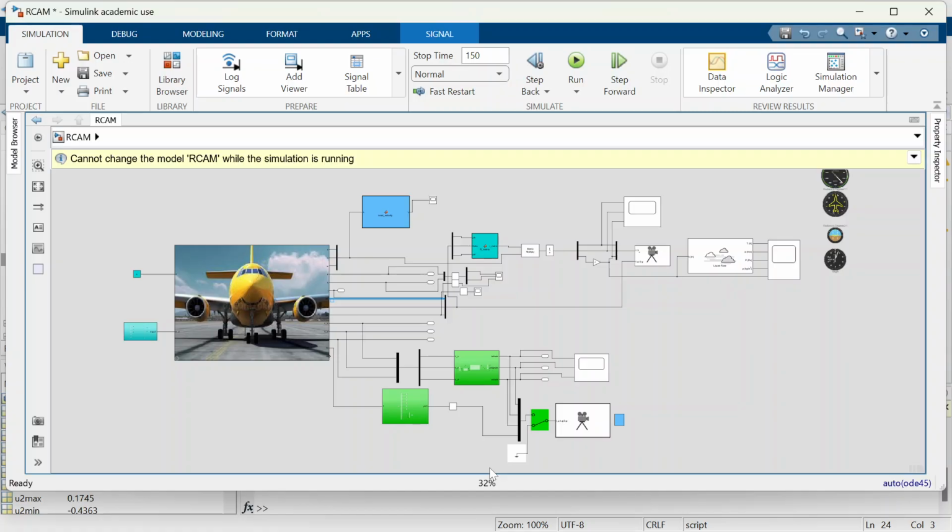So maximum height is 2000 feet, and we are assuming this model is in the northeast direction, and the initial velocity is 85, and maximum it is reaching to 175.